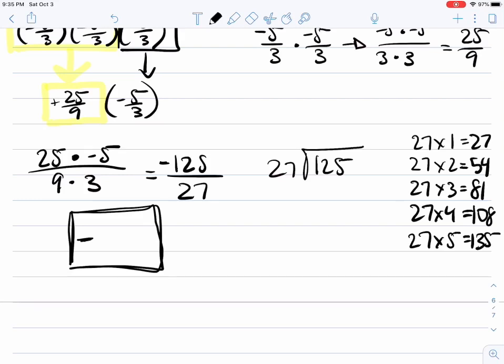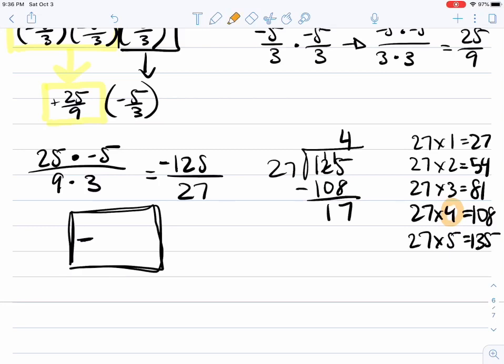So I can see that the highest number that I can take out is 4. So I'm going to put that up here. 108 gives me 17. Okay, so that's all I really needed.